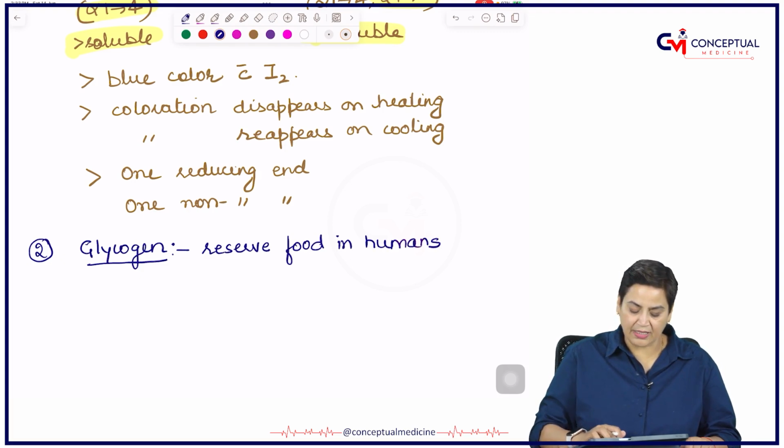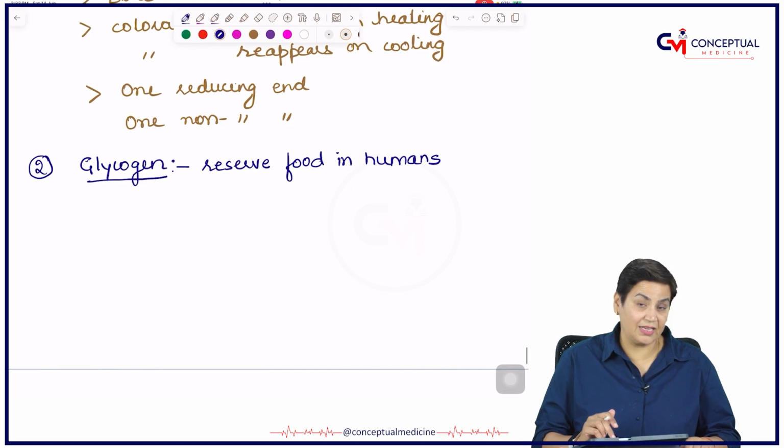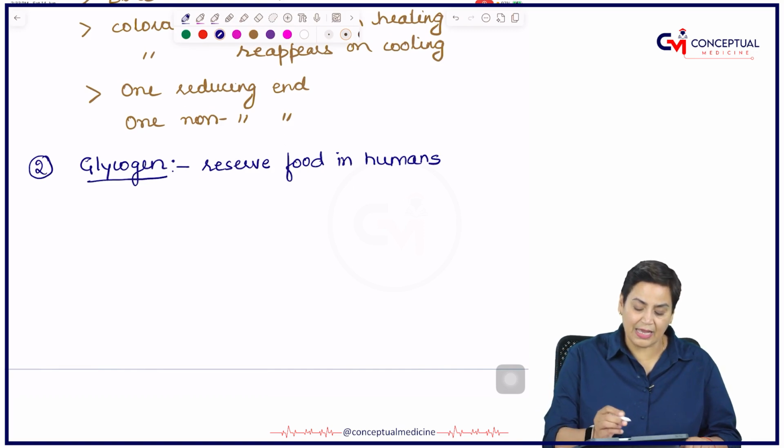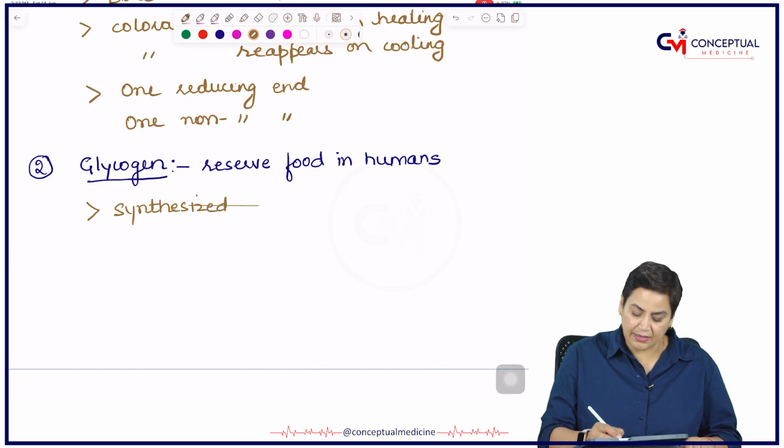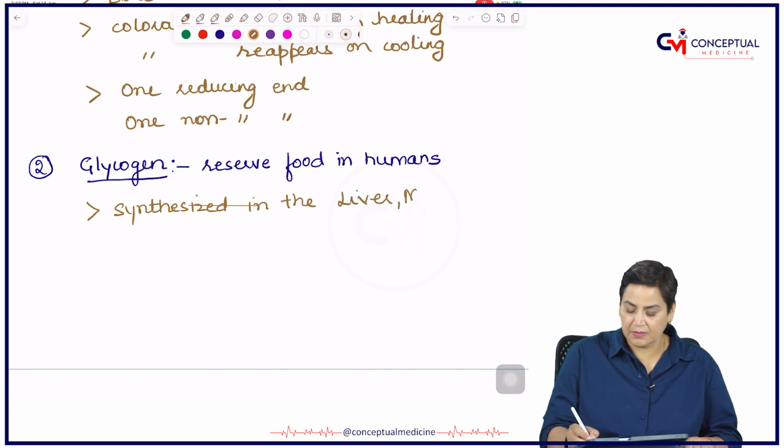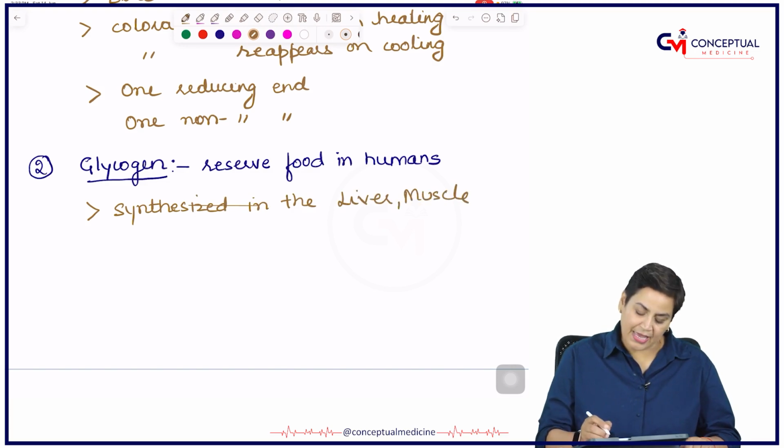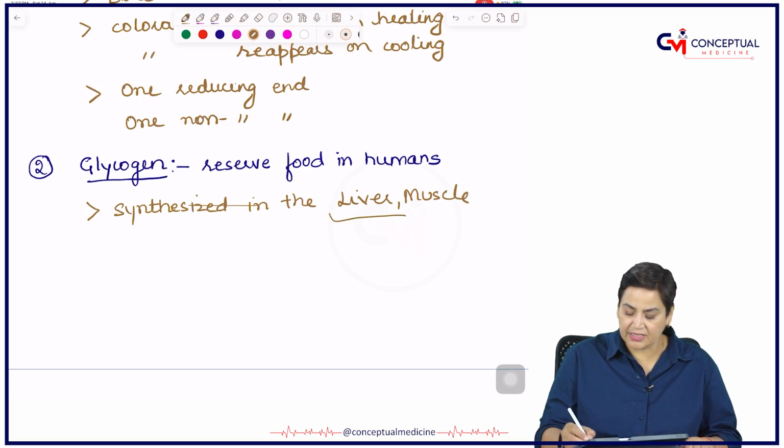We all know that glycogen is synthesized in the liver and muscle by a process known as glycogenesis.